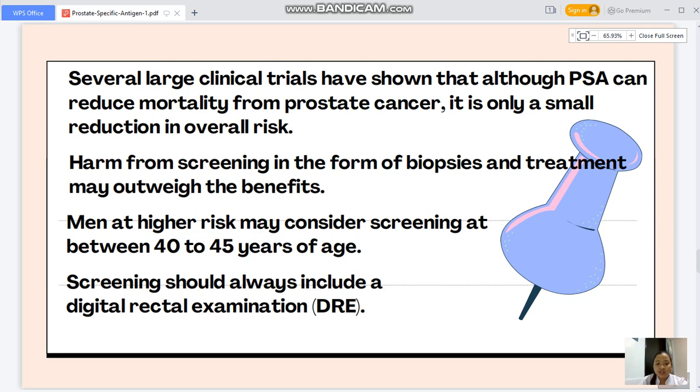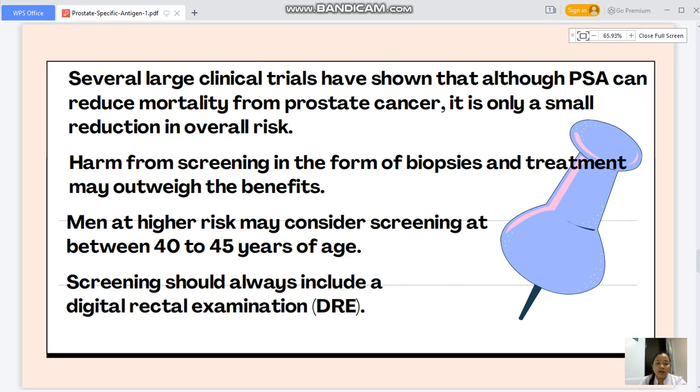Then several large clinical trials have shown that although PSA screening can reduce mortality from prostate cancer, it is only a small reduction in overall risk. Harm from screening in the form of biopsies and treatment may outweigh the benefits.